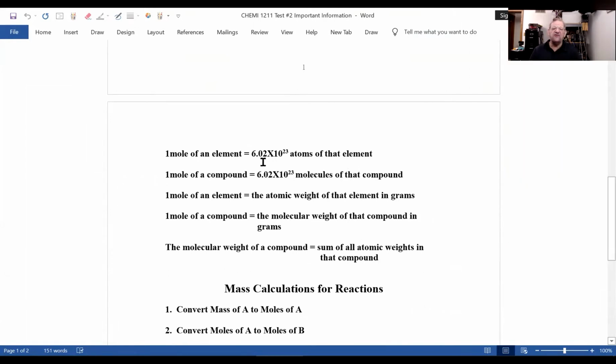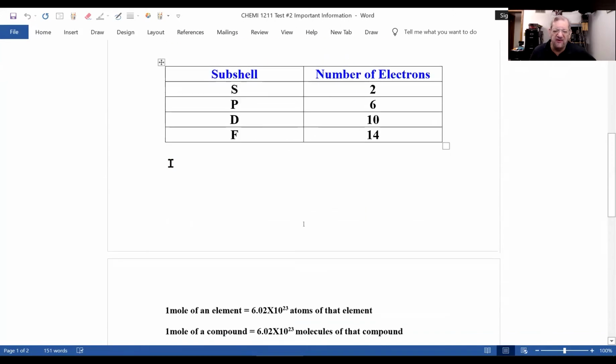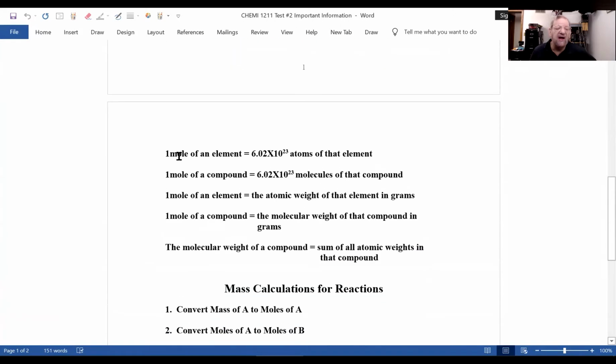All right, this is from the file that's in the lecture section of Blackboard called Important Information Test Number 2. As you see on the page, besides other things here, which we talked about, I will give you the following, which you should know how to use.